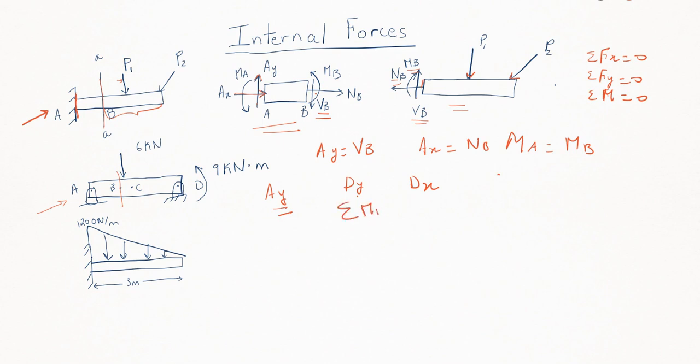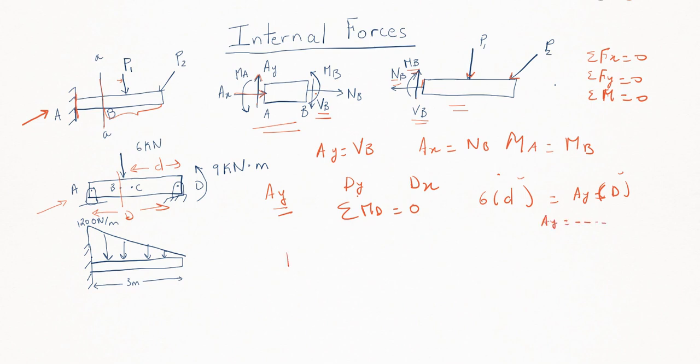The way to do it, we can just do sum of the moment at D equals 0. So we only have the 6 times whatever distance this is equals AY times, let's call this big D, from here to there, equals AY times D. So we should have everything. We get AY equals blah blah blah.